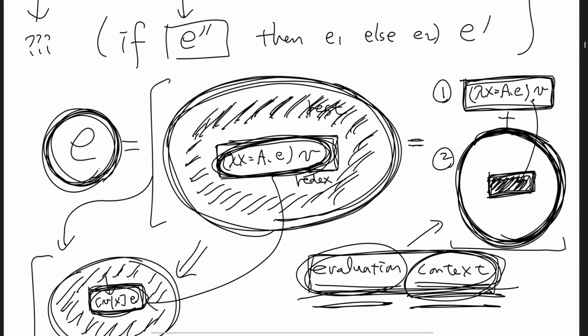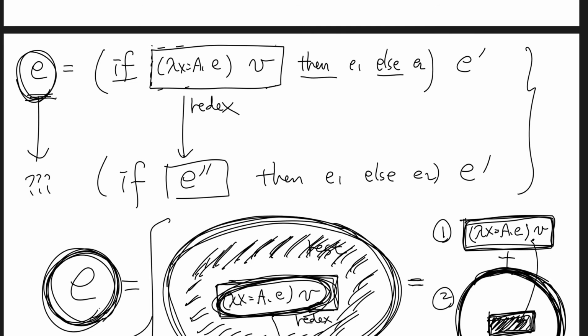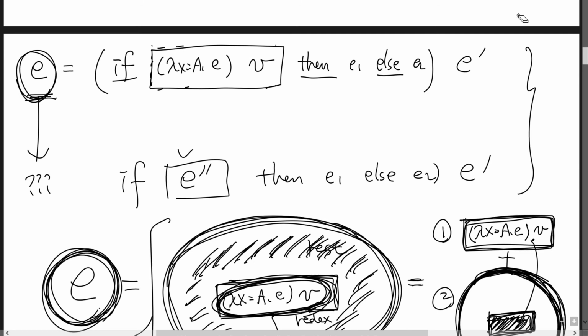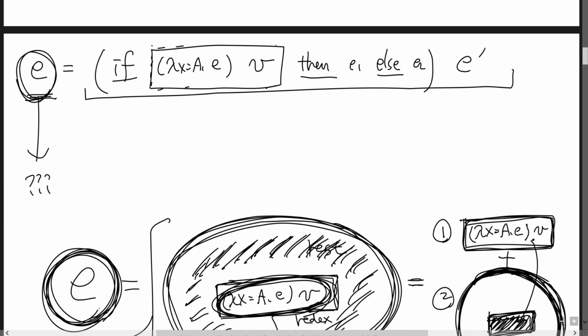Let's go back to this example. Let's decompose this expression into two parts. So we know that this expression is reducible. Then there must be a unique redex.